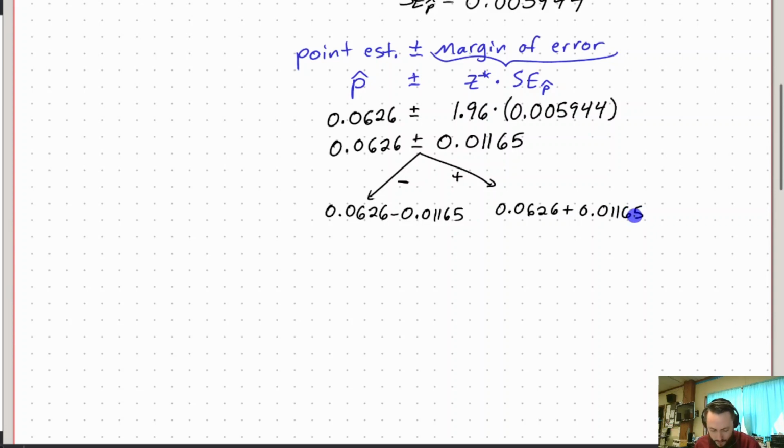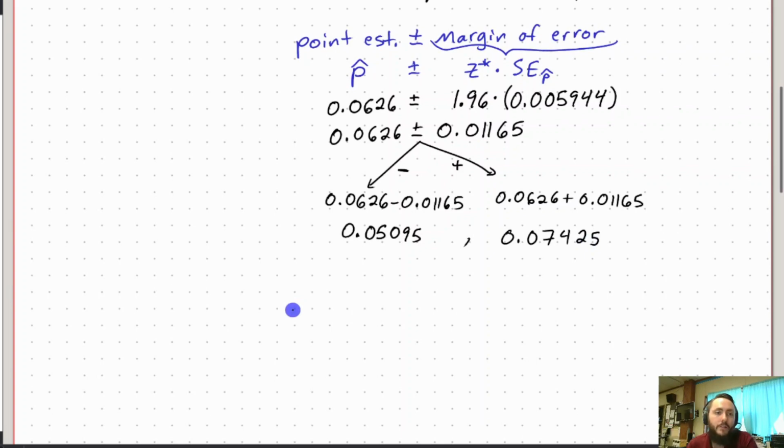So 0.0626 minus 0.01165 becomes 0.05095, and the addition part becomes 0.07425.